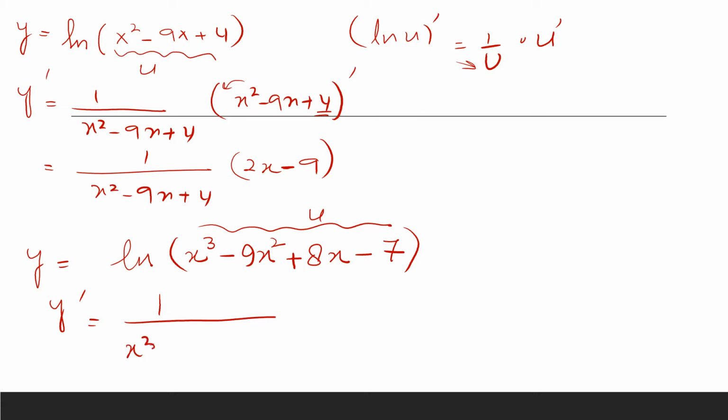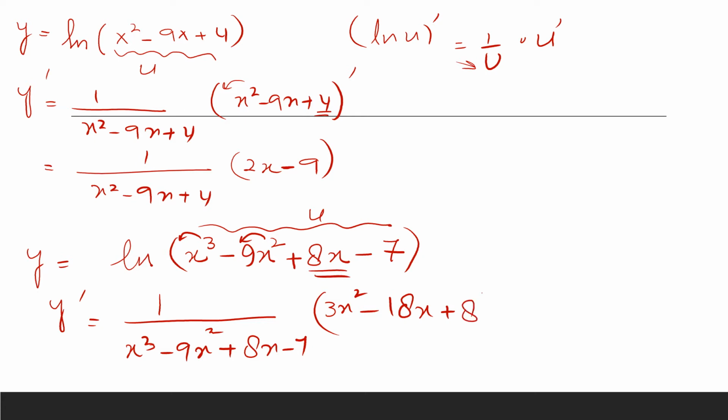For the u, you will write the whole expression, that is x cube minus 9x square plus 8x minus 7. And now take the derivative of u. I am taking the derivative directly. So you will get 3x square minus 18x plus 8, and the derivative of 7 is 0.